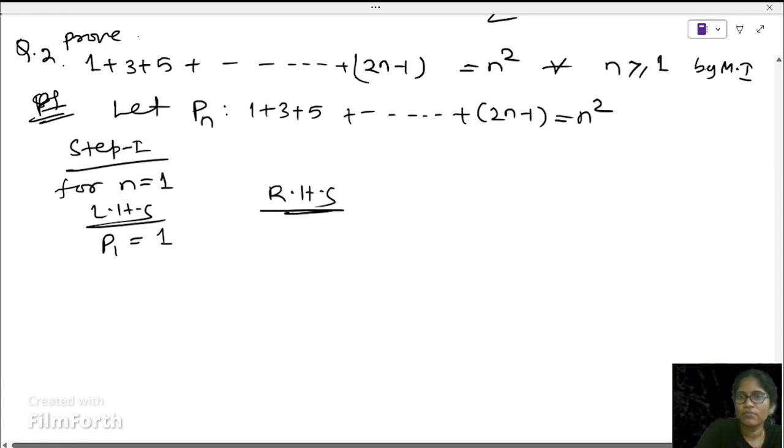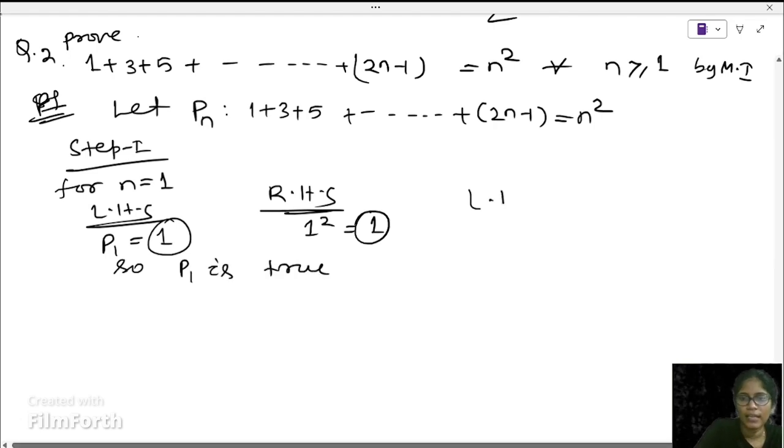RHS, putting n equal to 1, n square, that means 1 square, which is equal to 1. Now left hand side is equal to right hand side, so P1 is true.